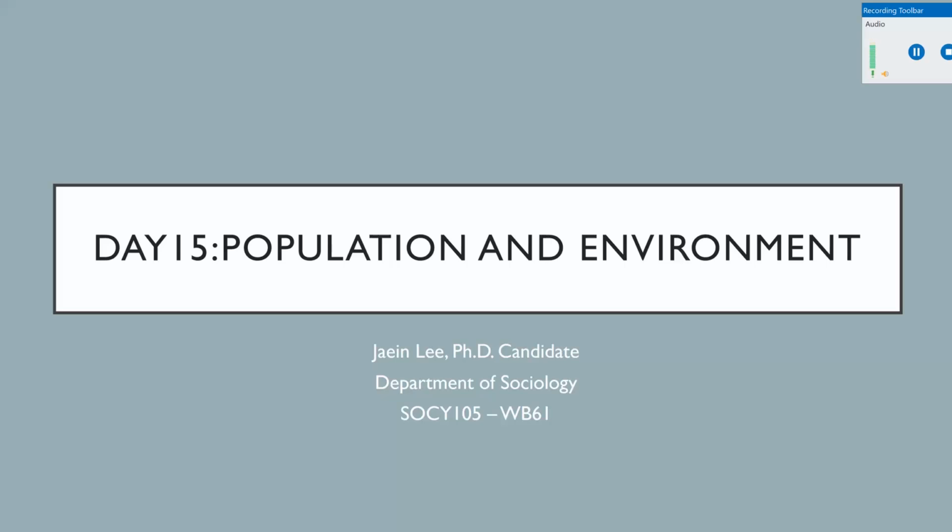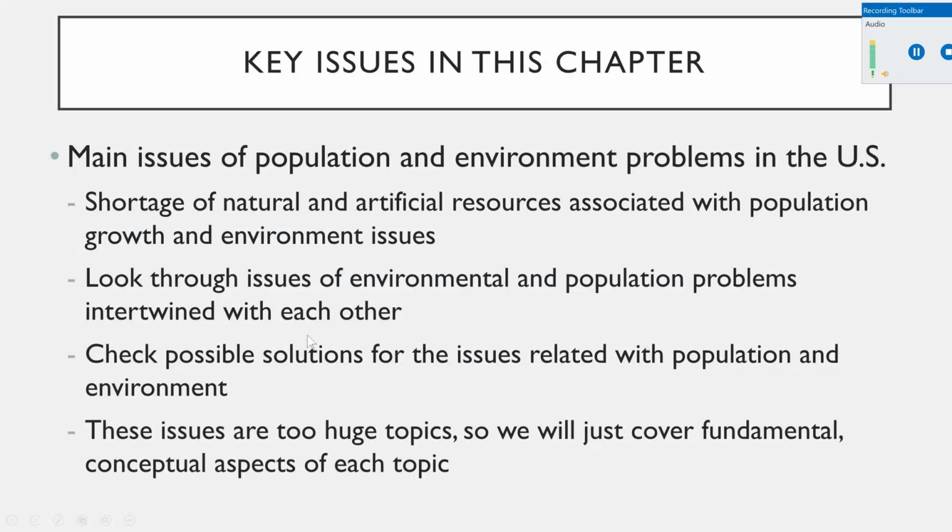So day 15, the population and environment issues. These are the key issues in this chapter because we are talking about population and environmental issues in the US. We can see some natural and artificial resources are limited, because if we have continuous population growth, we may encounter problems of resource shortages.